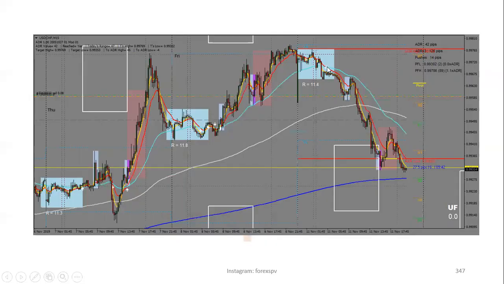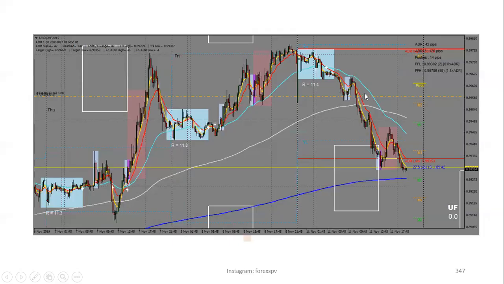After 13 and 50 crossover, we have our first pullback towards the 50 MA. And around the 50 MA, the market forms a reversal pattern. That is what we call an ID50 trade. So this was an ID50 trade right there. So you wait for the reversal pattern.